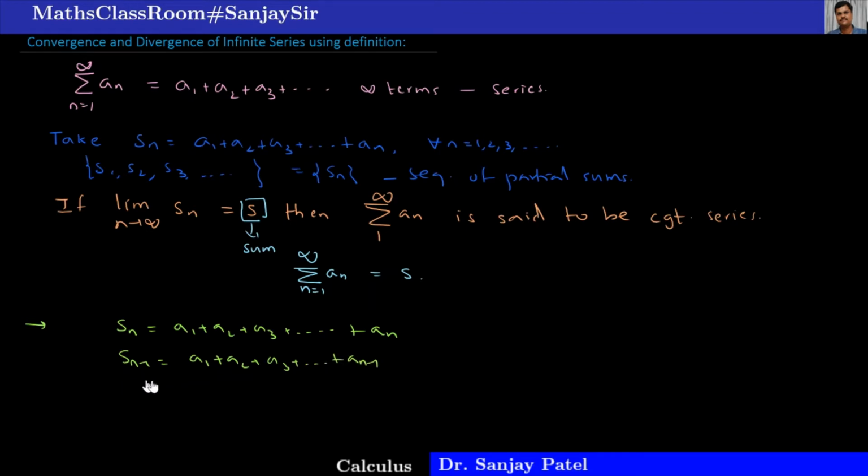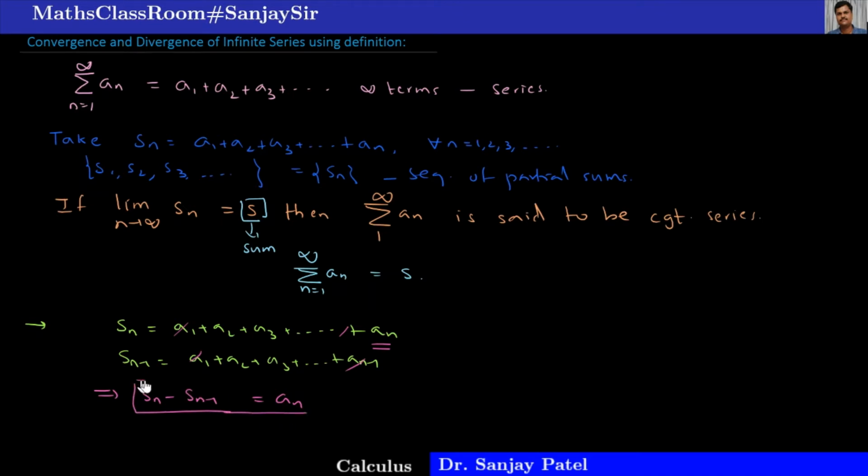And if you subtract these two, then you will get Sn minus Sn minus 1 is equal to what? An. So all will be cancelled up to this, and only this term will be left. So Sn minus Sn minus 1 is equal to an.